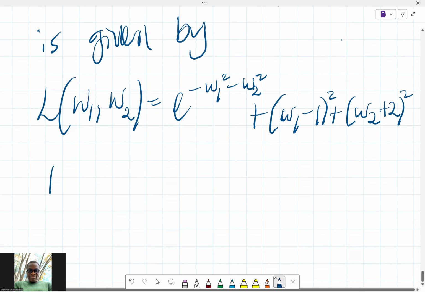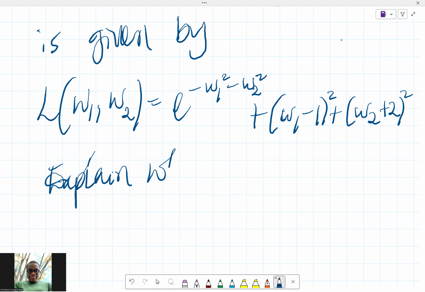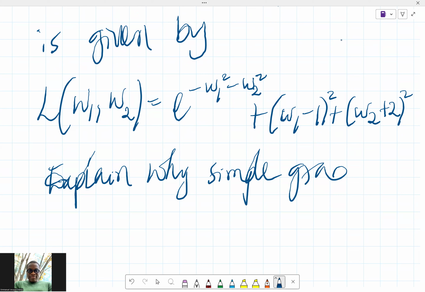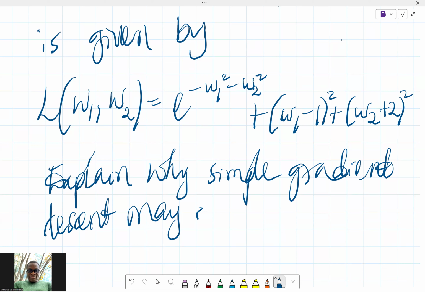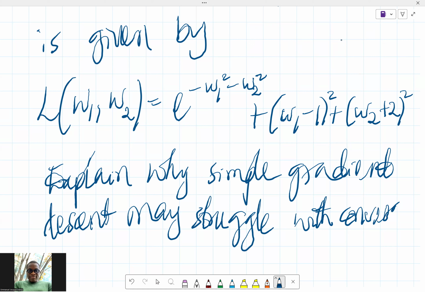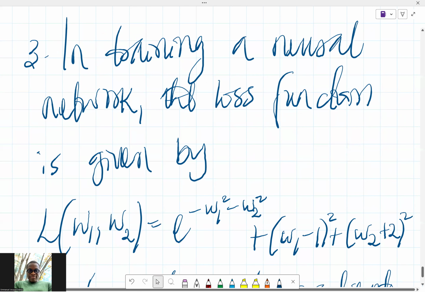Explain why simple gradient descent may struggle with convergence. So that is non-convex optimization in machine learning right there.